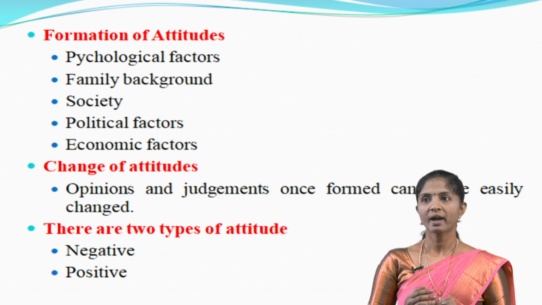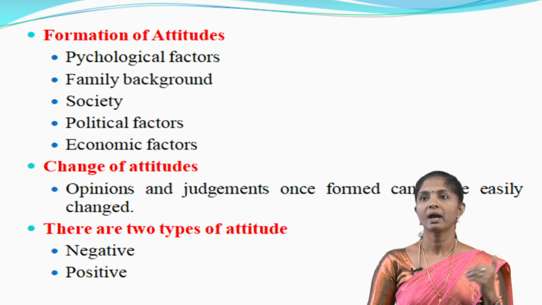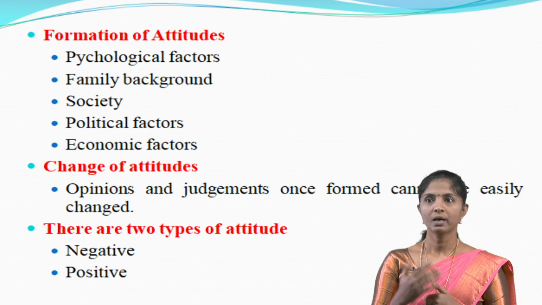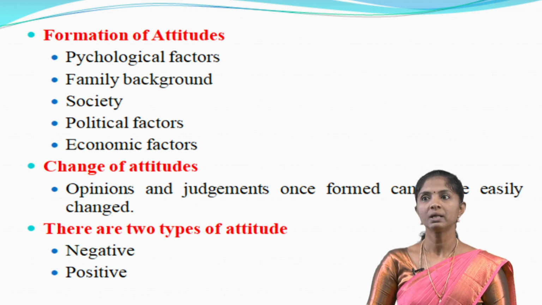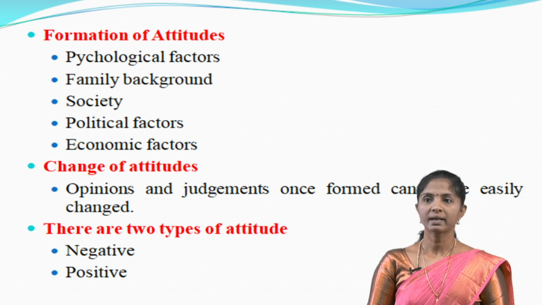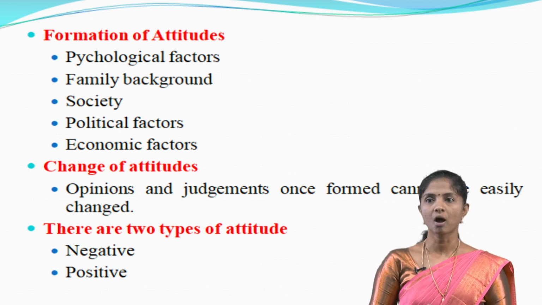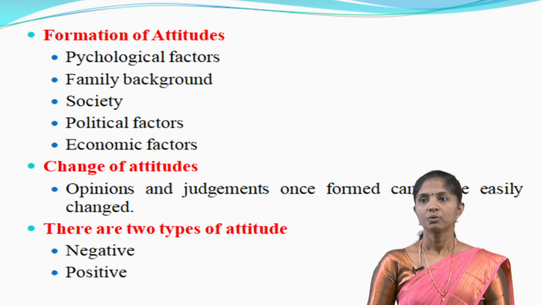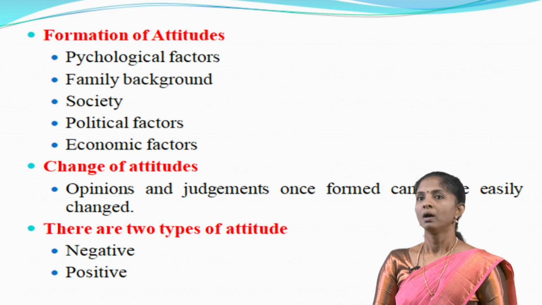The psychological factor is your experience in early life, which has a strong influence on your mind. They shape your attitude. The family background and society are also responsible for your attitude. The political and economic factors also influence your attitudes.